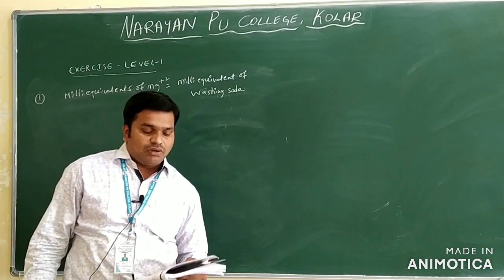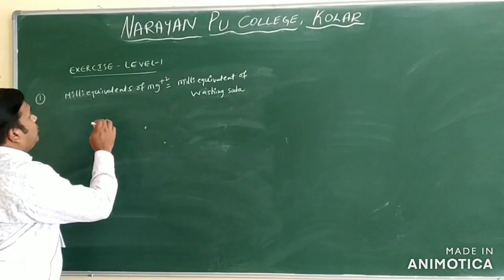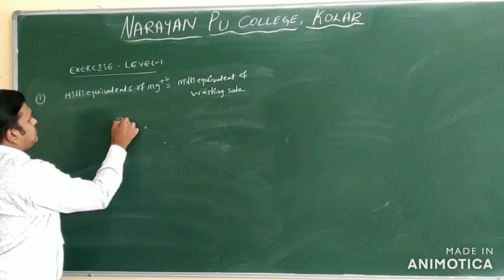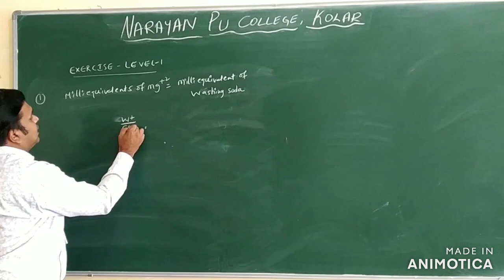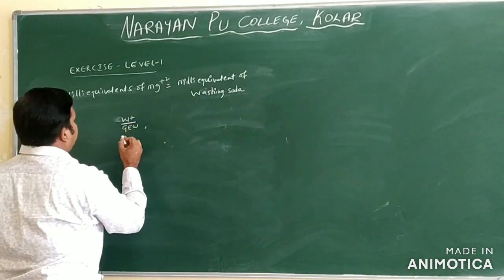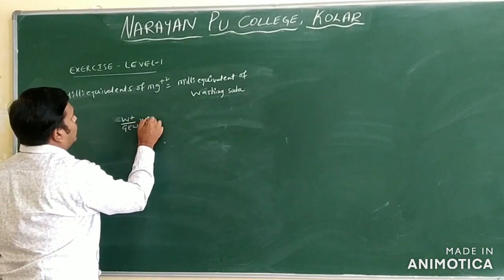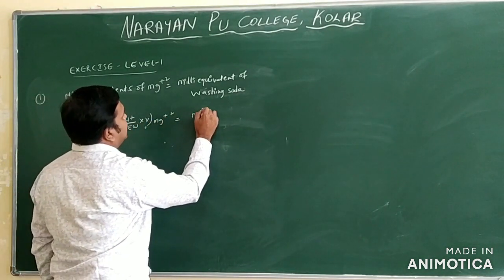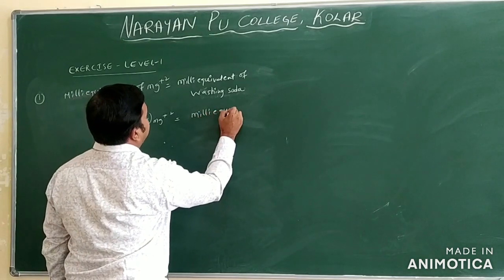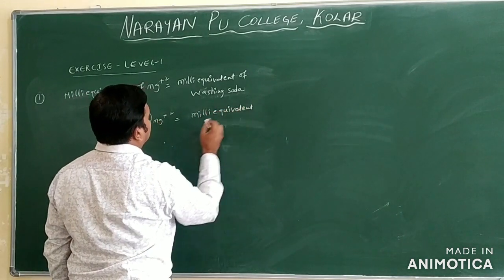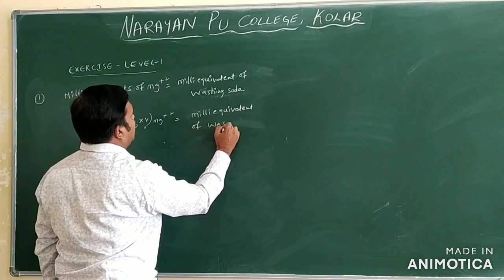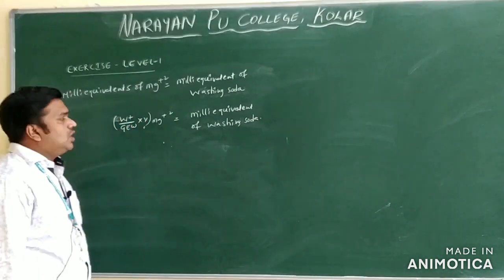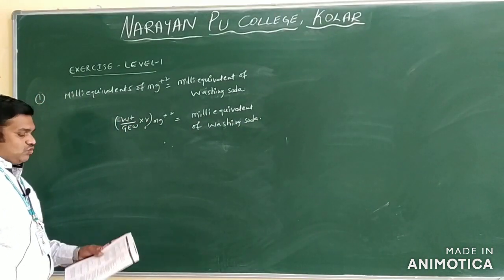Milli equivalent of Mg2+ means weight by gram equivalent weight into volume. The weight is already given, that is 12 milligrams.